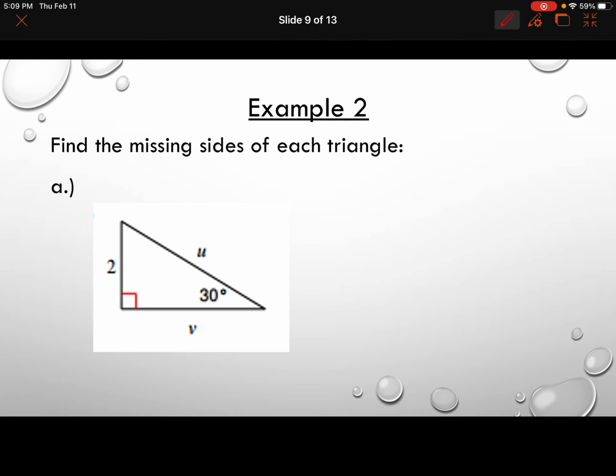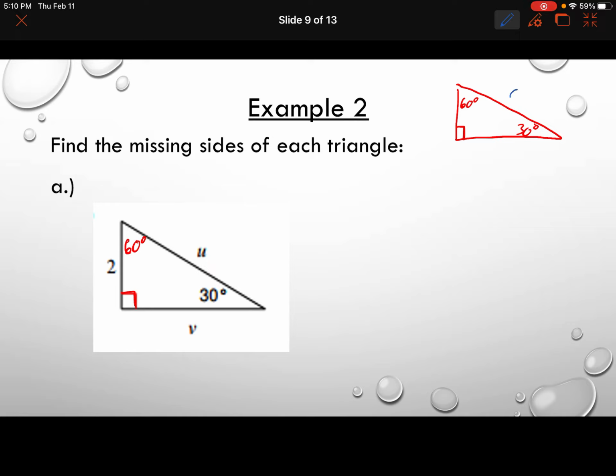So 30, 60, 90 triangle. So we know this is a 30, 60, 90 because that's 90, that's 30 degrees. So this is 90, that's 30 degrees, so this has to be 60 degrees. So recap, if I were to redraw that right triangle that we had in the proof earlier. So that's 60, that's 30. So once again, remember, actually let's do the hypotenuse first because that's easy.